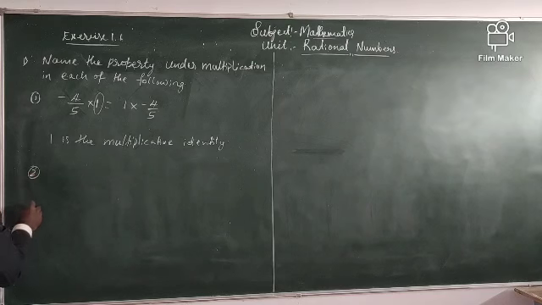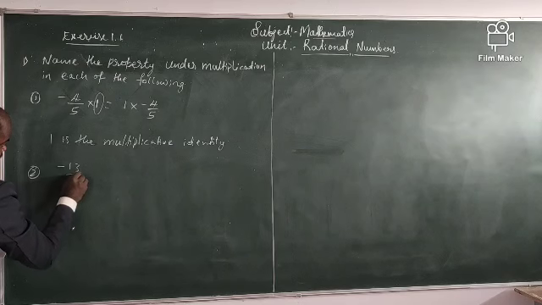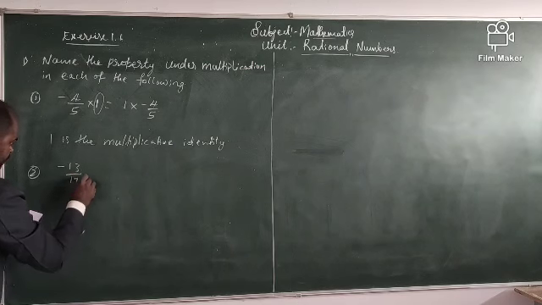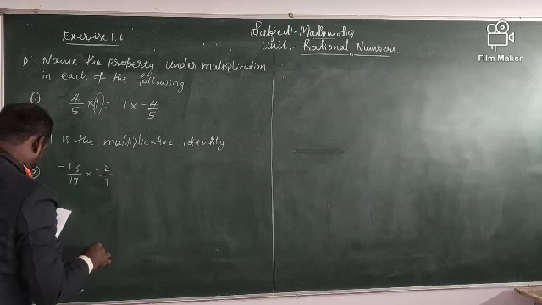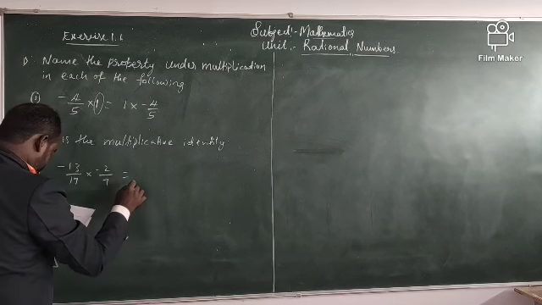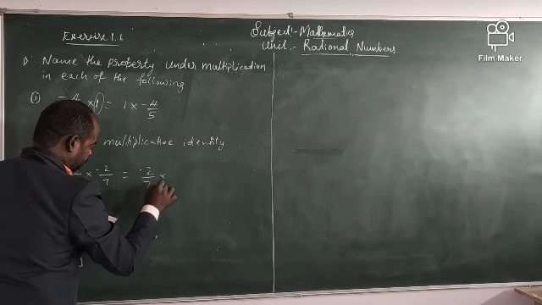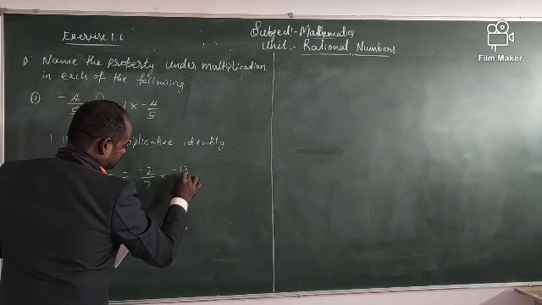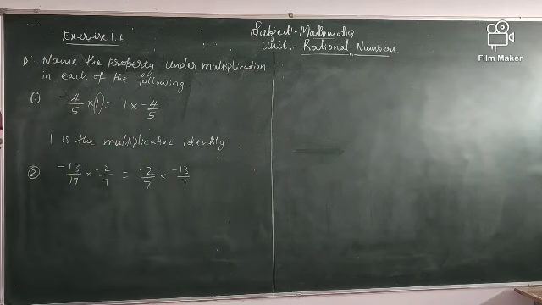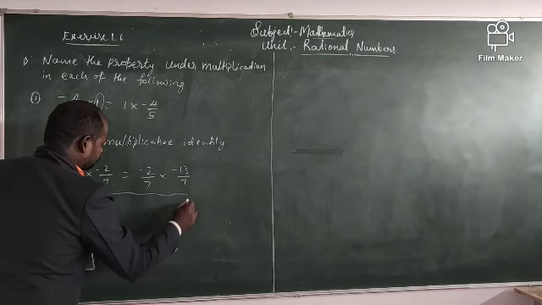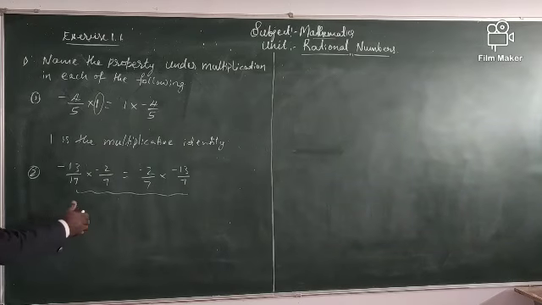The problem is minus 13 by 17 into minus 2 by 7, which is equal to minus 2 by 7 into minus 13 by 17. Look here, children. Observe the question carefully. Here is a multiplication, properties of rational numbers under multiplication.